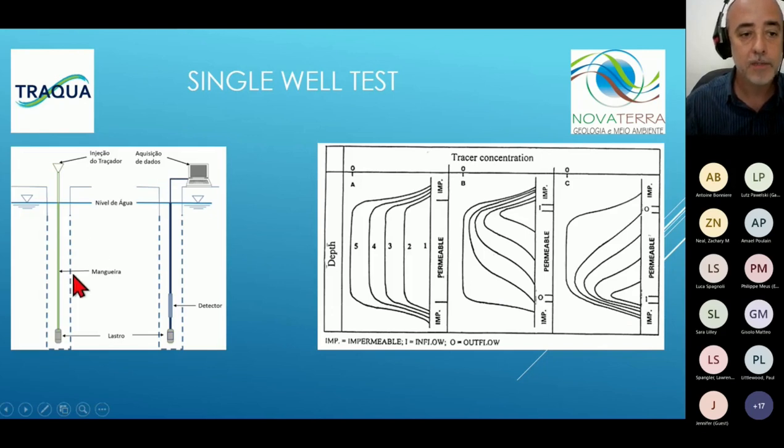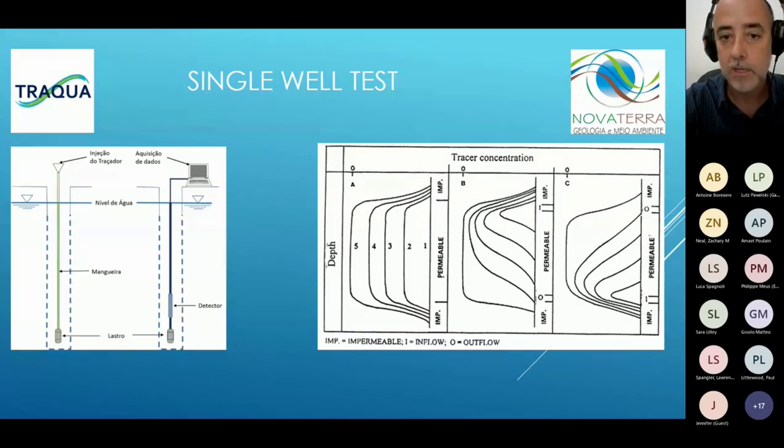Okay, here is a picture example of this case. We inject the tracer and detect it with a fluorometer, which can be used for this.